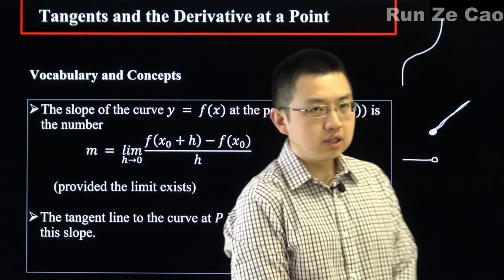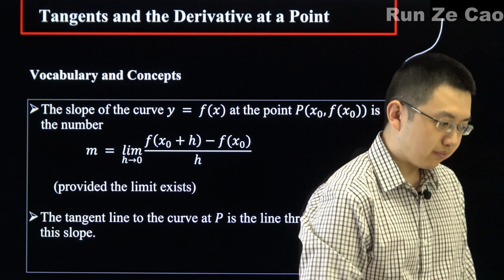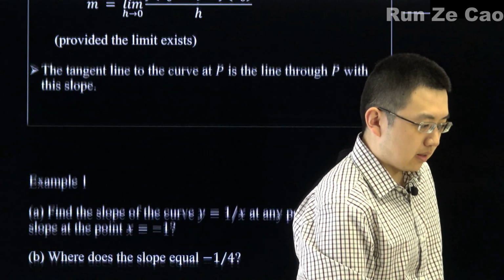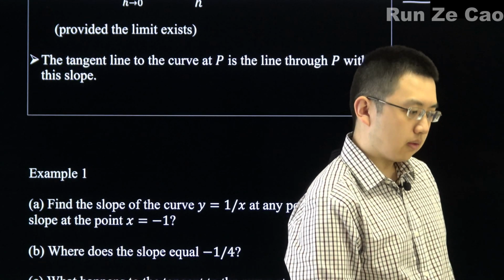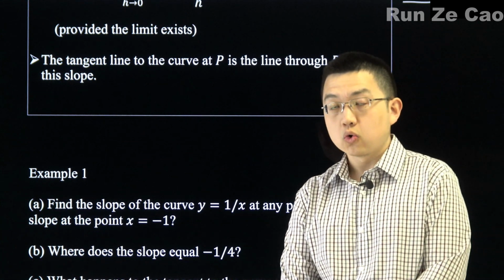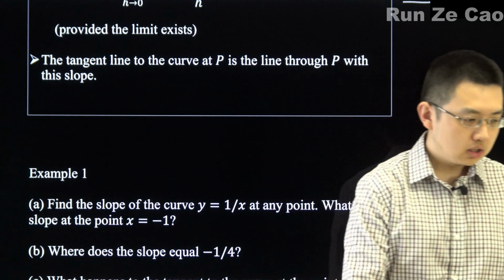That would not have a limit. So, the tangent line has this slope and is through the given point of tangency.